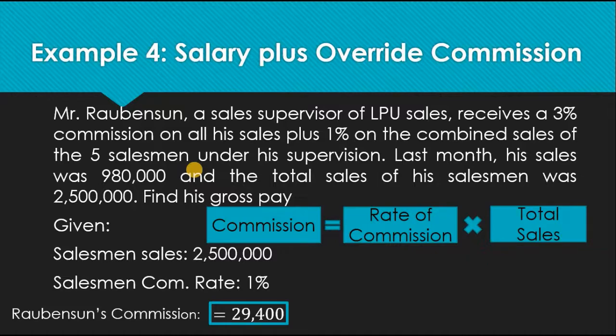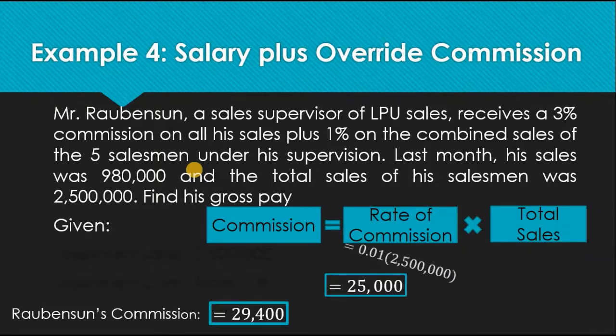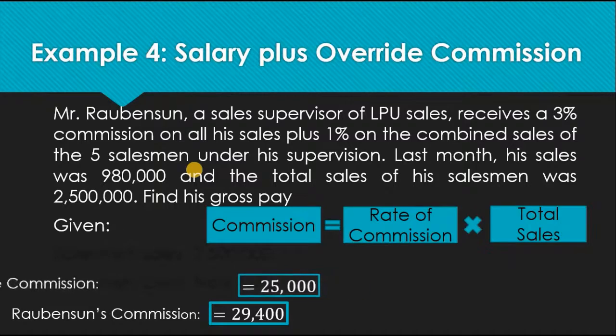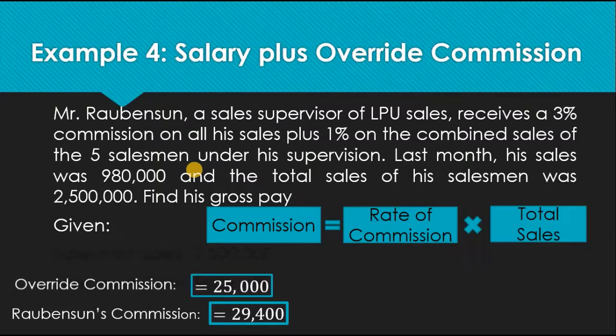Same thing, you are going to solve using the general formula of commission. 0.01, that is the 1%, multiplied by the total sales, which is $2,500,000, and continue solving. The result here is $25,000. There you go. Override commission is $25,000.